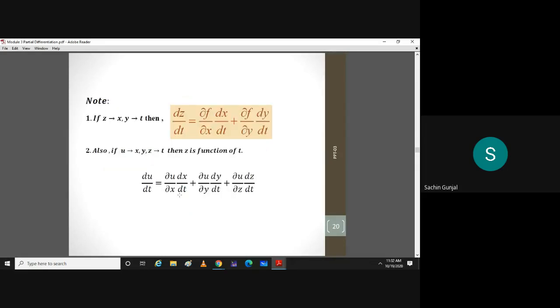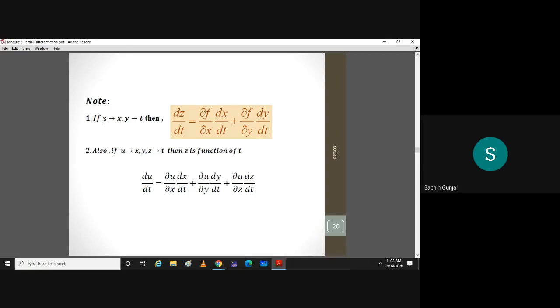So if z is a function of x, y and x, y are functions of only t, then ultimately z will be a function of t.